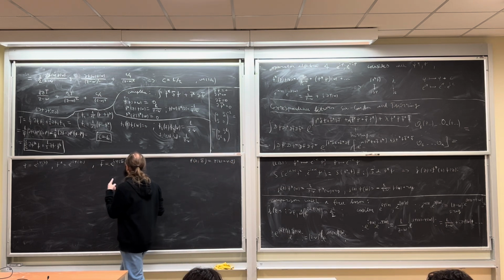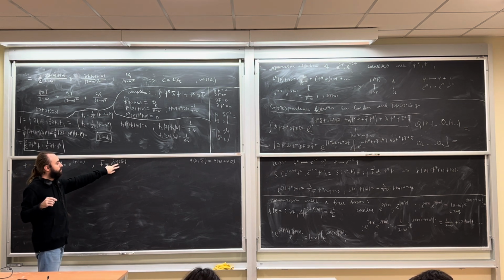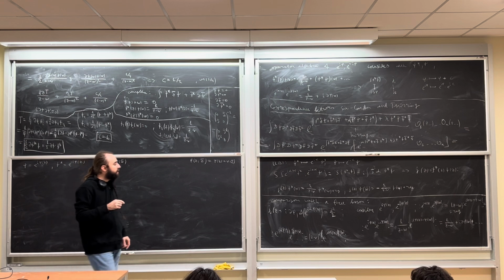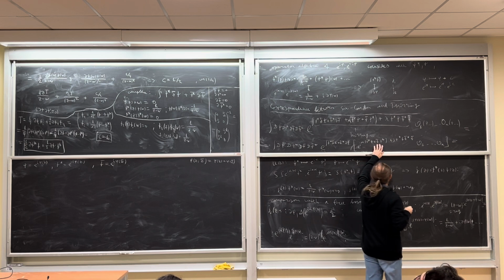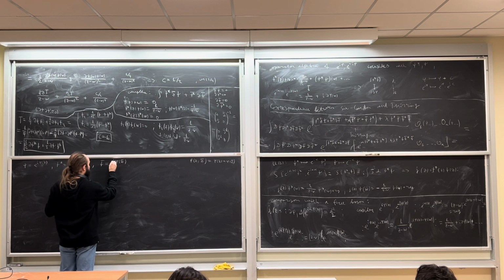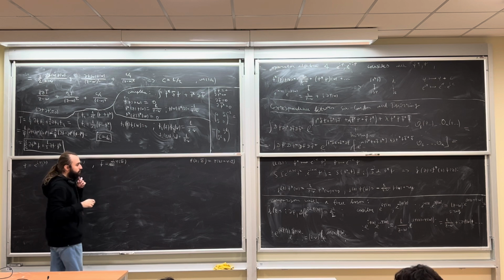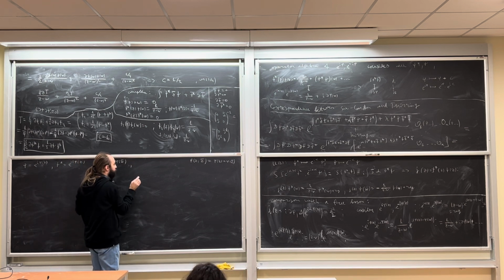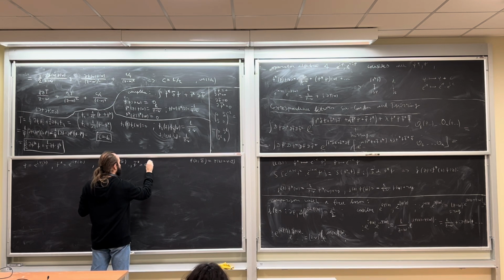And now this psi bar will be the anti-holomorphic component of this field. Let me check if it is consistent with this formula. Not very consistent, so let's choose the opposite sign here. Suppose we have such freedom, because the operator algebra will still be satisfied. And psi bar star is e to the i phi of z bar.